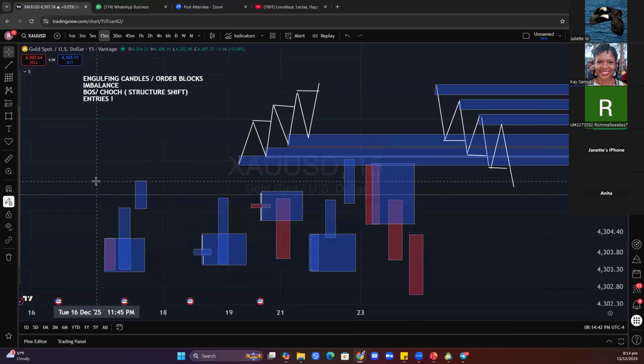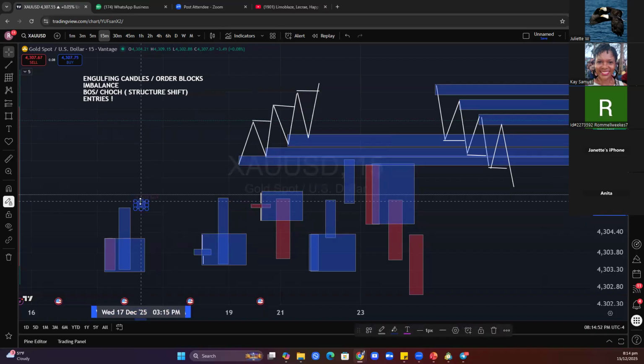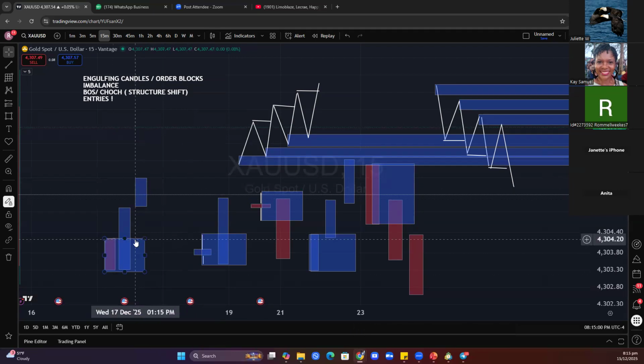It may look like this, it may have a wick on either side. You just want to see another candle printed. That creates imbalance. Now, what is imbalance?